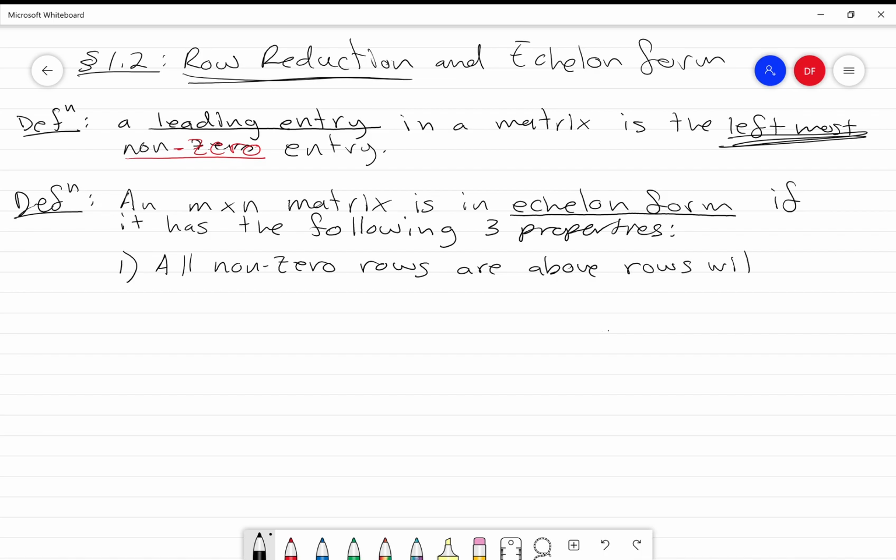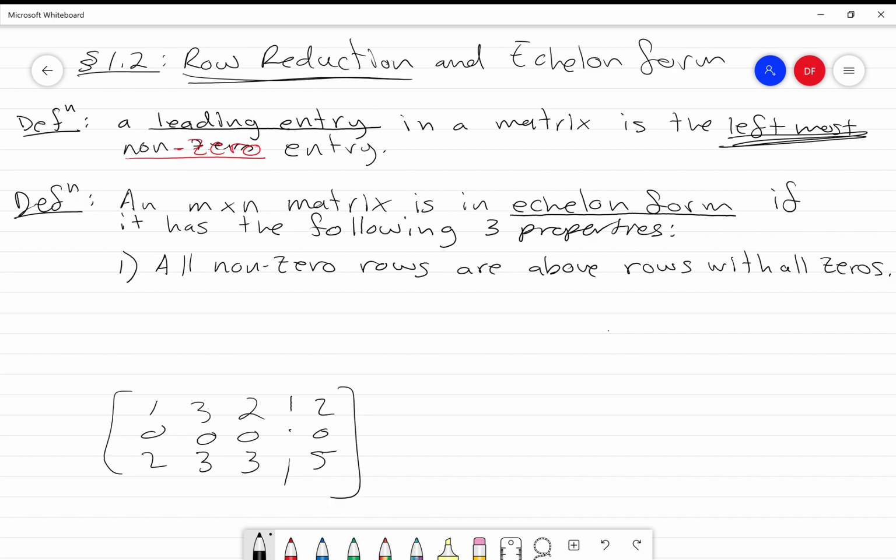rows with all zeros. So for example, if I had 1, 3, 2, 2, 0, 0, 0, 0, 2, 3, 3, 5. This is not echelon form. But what you can do is interchange these two rows. Remember, these are elementary row operations.